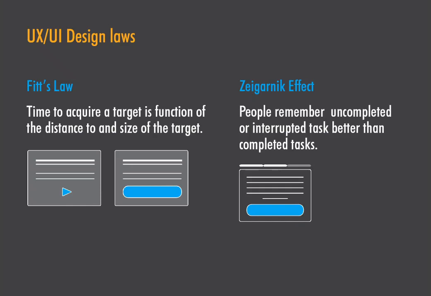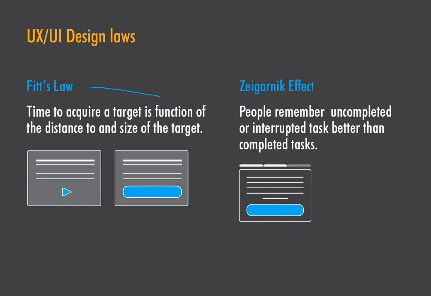This scientific law predicts that the time required to rapidly move to a target area is a function of the ratio between the distance to the target and the width of the target. Well, it's a fancy way of saying that the longer the distance and the smaller the target size, the longer it takes to click or touch.